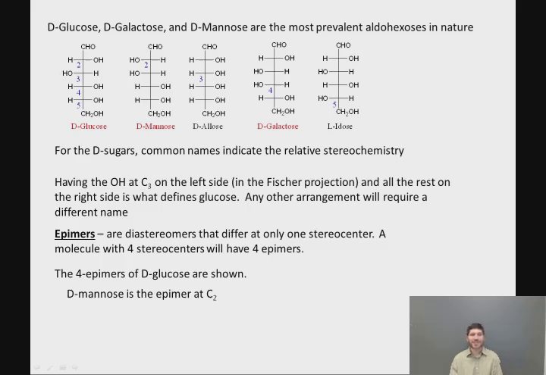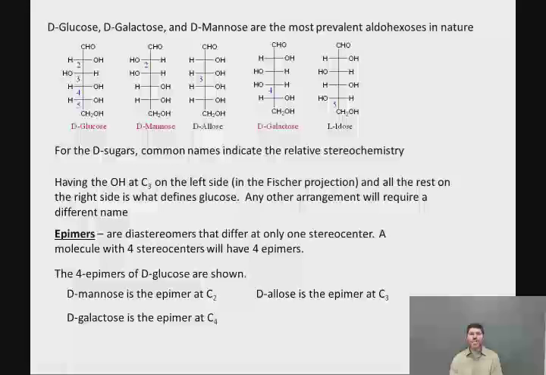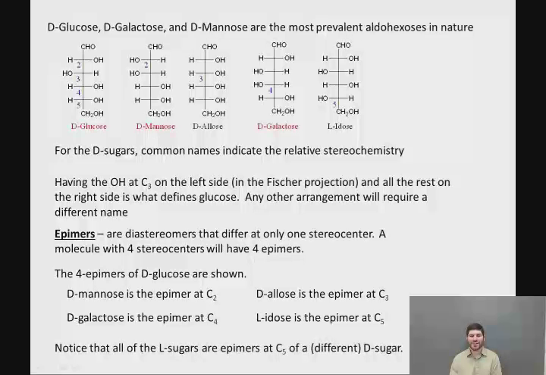Okay, so you can see there that C2 has the OH on the left side rather than the right side. D-allose is the epimer at C3, so that has the OH at C3 on the right side. D-galactose is the epimer at C4, so it has the OH at C4 on the left side. And then L-idose is the epimer at C5 with the OH at C5 on the left side.